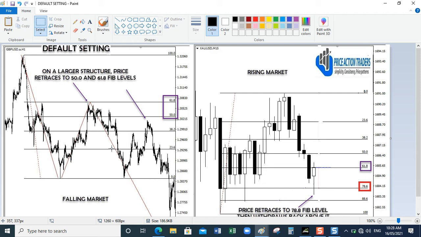So this is the state of pounds USD, then gold. This is the default setting.